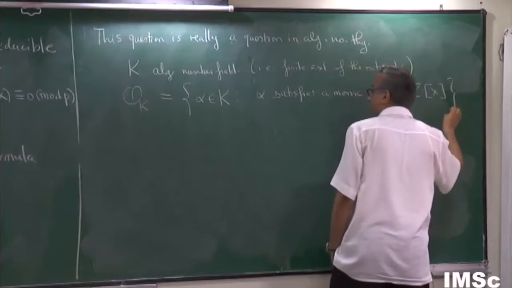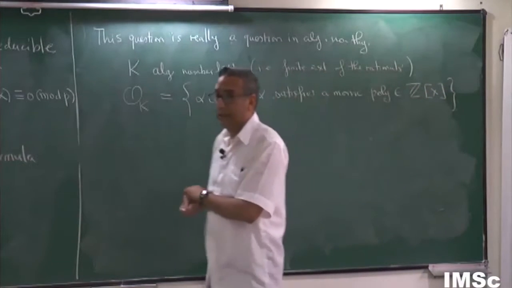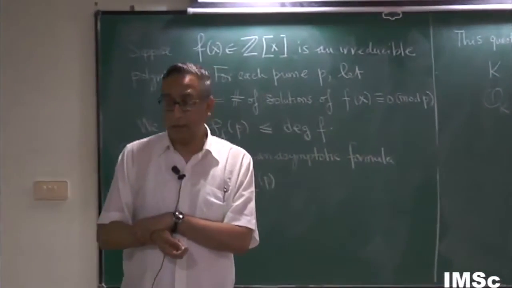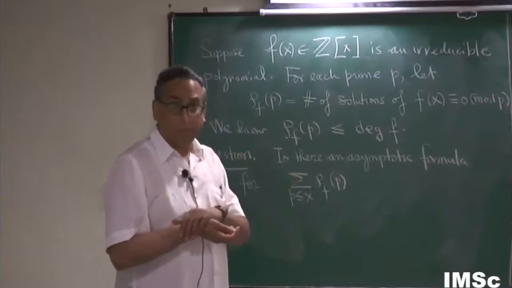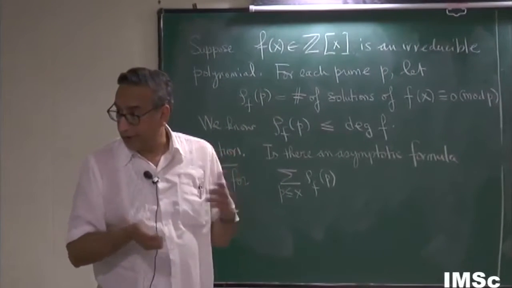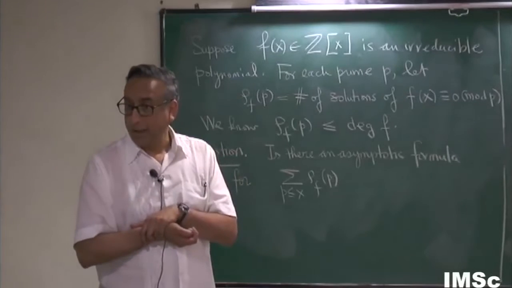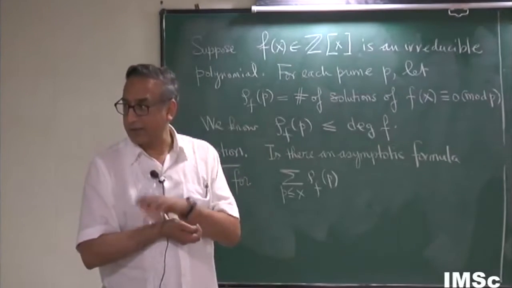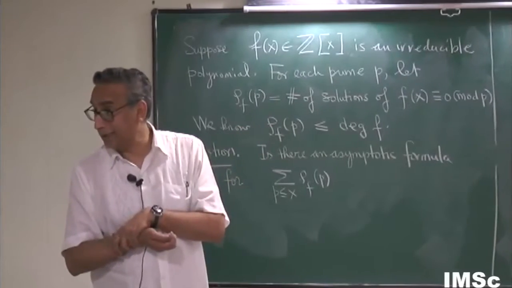So all the collection of elements in capital K that are the roots of a monic polynomial equation with integer coefficients, you look at that totality, and it's a beautiful theorem of Dedekind that this set is actually a ring.